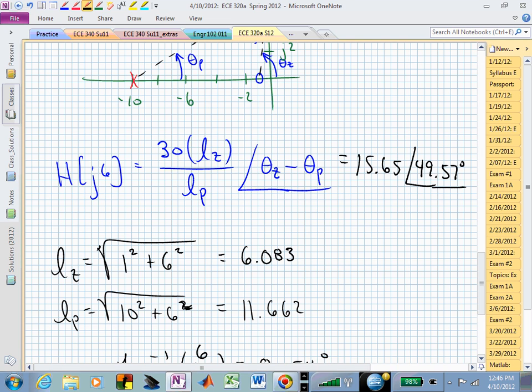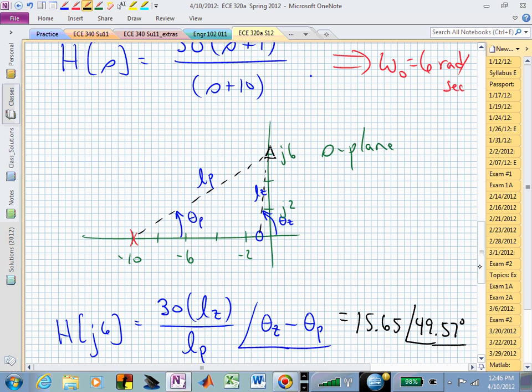Question? Pardon? Why does this work? It's magic. What we are doing is trying to evaluate H at a given frequency, j omega, and the way we are doing it should make sense to you.